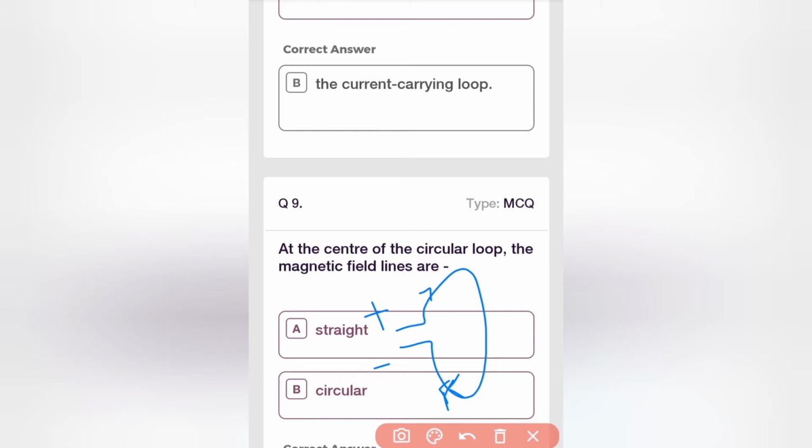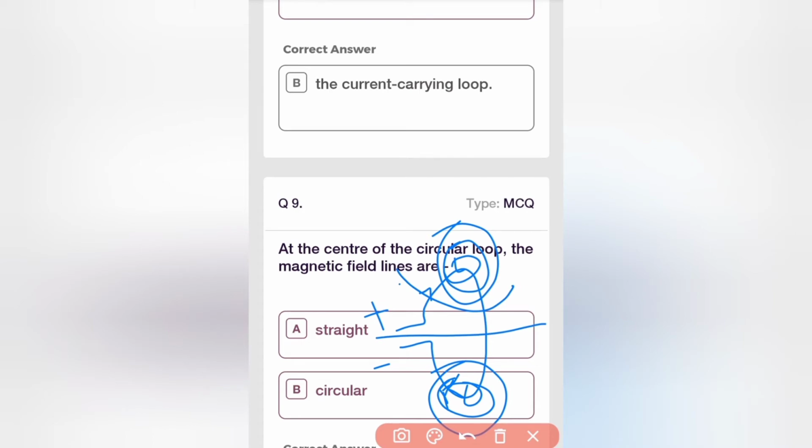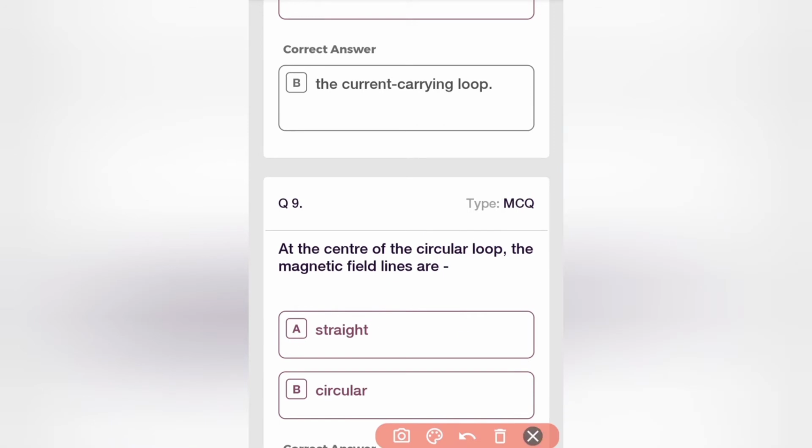So now here we will be having concentric circles on the edges, okay, whereas at the center of the circular loop it will be parallel like this. So this is the center of the circular loop. So at the center of the circular loop, the magnetic field lines are straight. Option E is the correct answer.